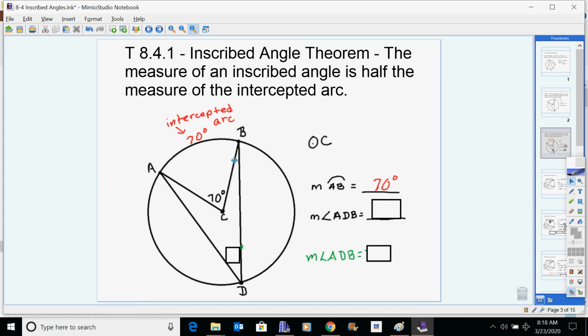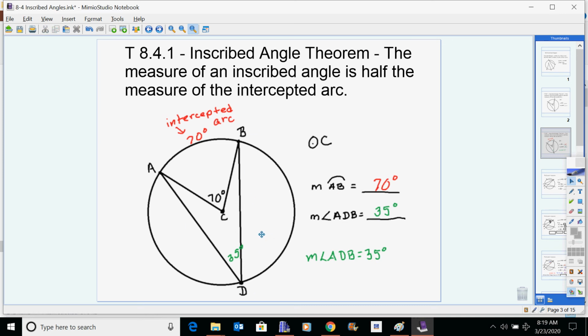So the only thing you have to do to find out how many degrees are in an inscribed angle is to divide this number by 2. 70 divided by 2 is, I mean, not 135, 35 degrees. So 35 degrees is the number of degrees in this inscribed angle. So the measure of angle ADB is 35 degrees.